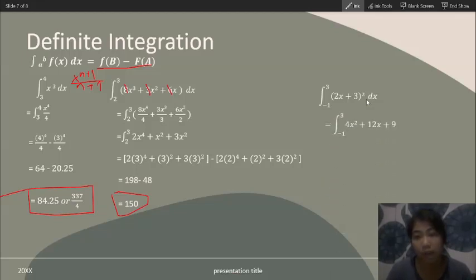So we will have the answer of 4x squared plus 12x plus 9 once we've expanded it. Now we can further integrate it. Once we've integrated it, we'll have this answer: 4x cubed over 3 plus 12x squared over 2 plus 9x.